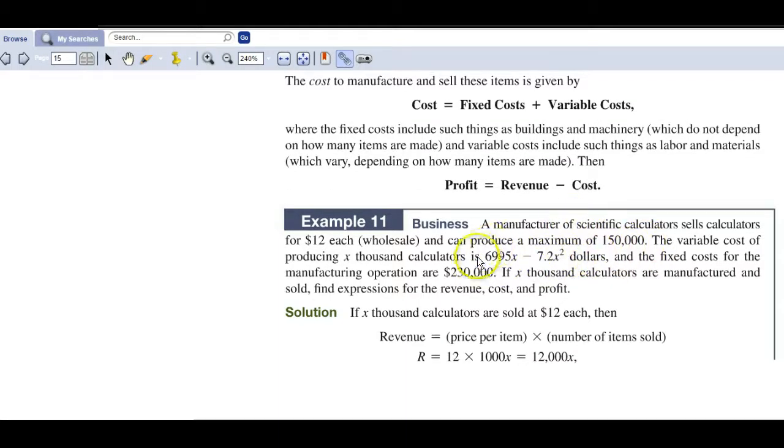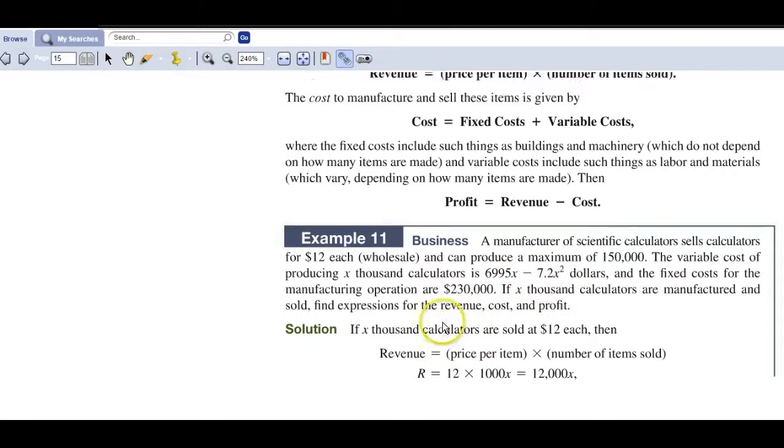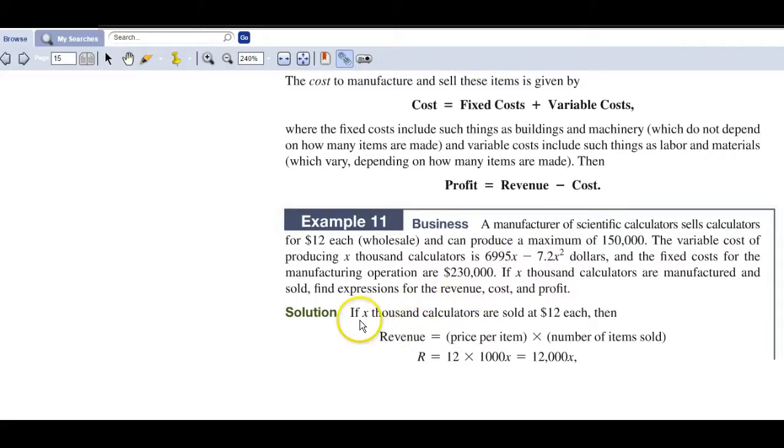So here they give us a particular example that you will read through. They're describing everything in detail. And if X thousand calculators are sold at $12 each, then the revenue, that would be the price you gain for each item, times the number of items sold, would be this.